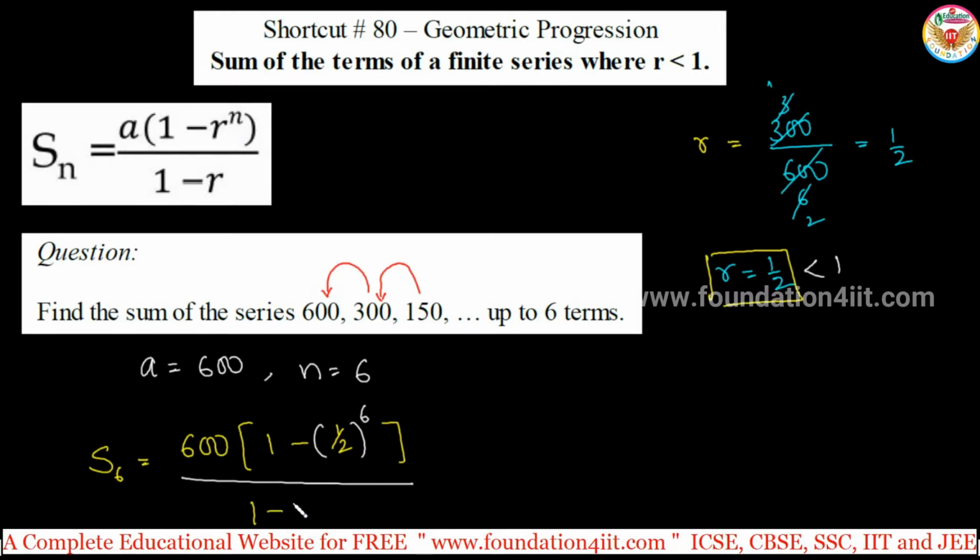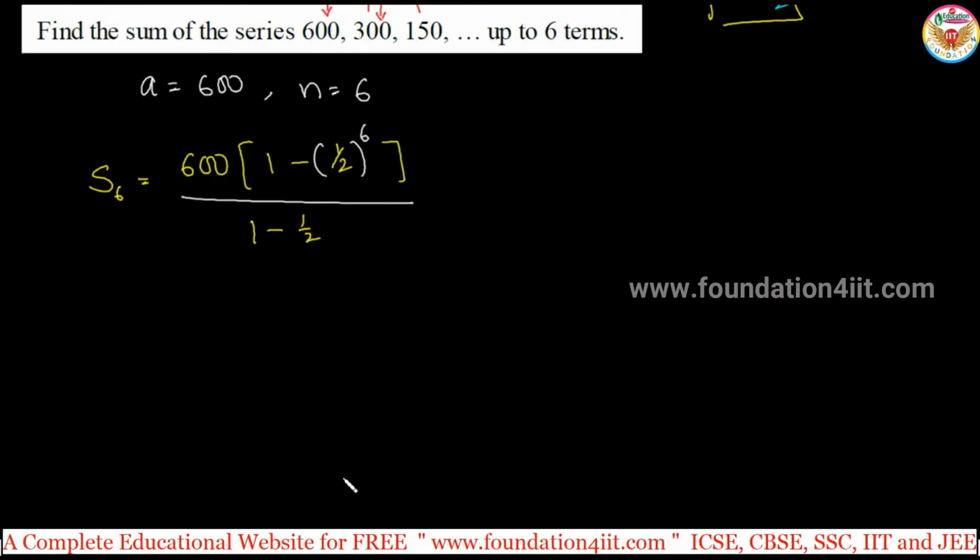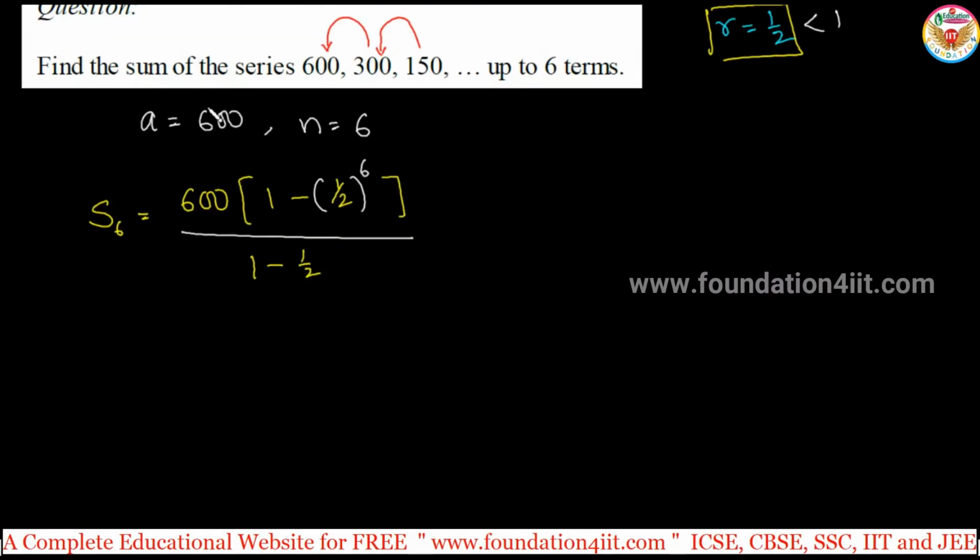So 1 minus the ratio 1 by 2. Now we need to simplify this. If you simplify, the sum of the series up to 6 terms is 600 plus 300 plus 150, again reducing, now 75. So this is the value you can find out.